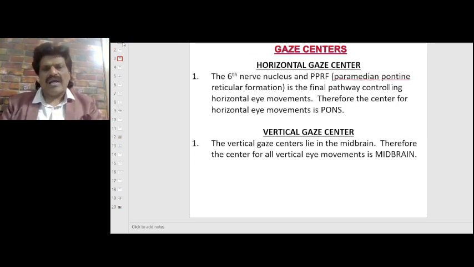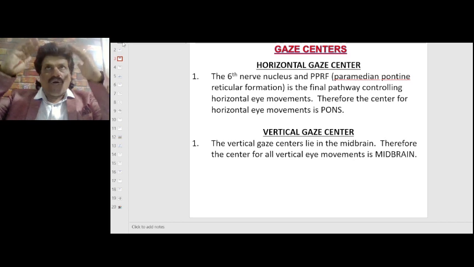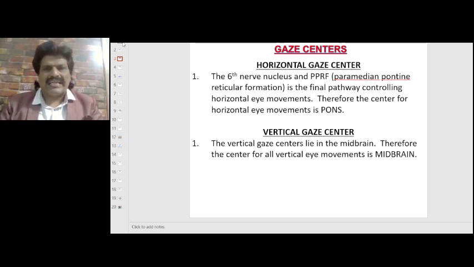The gaze centers. We have two important gaze centers. One for all horizontal eye movements, known as the horizontal gaze center. One for all vertical eye movements, known as the vertical gaze center. The sixth nerve nucleus and the PPRF, that is the paramedian pontine reticular formation, is the final pathway controlling all horizontal eye movements.